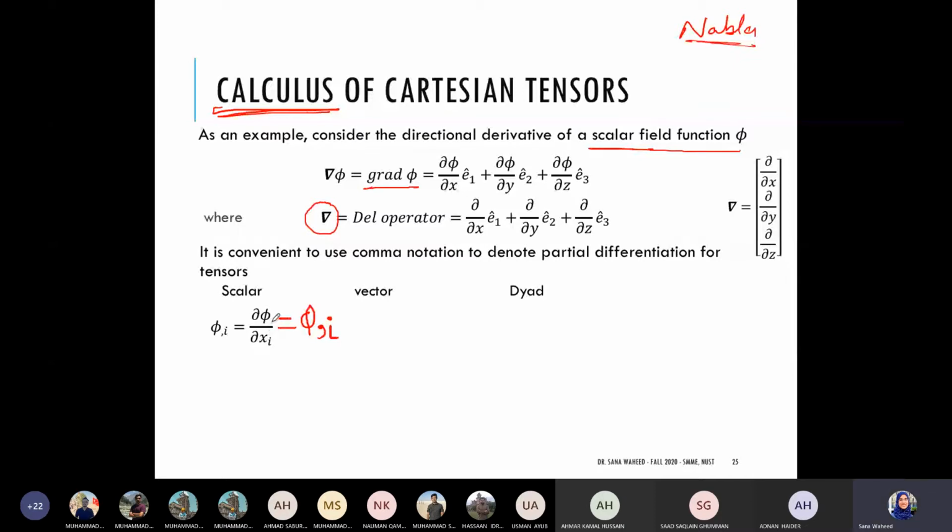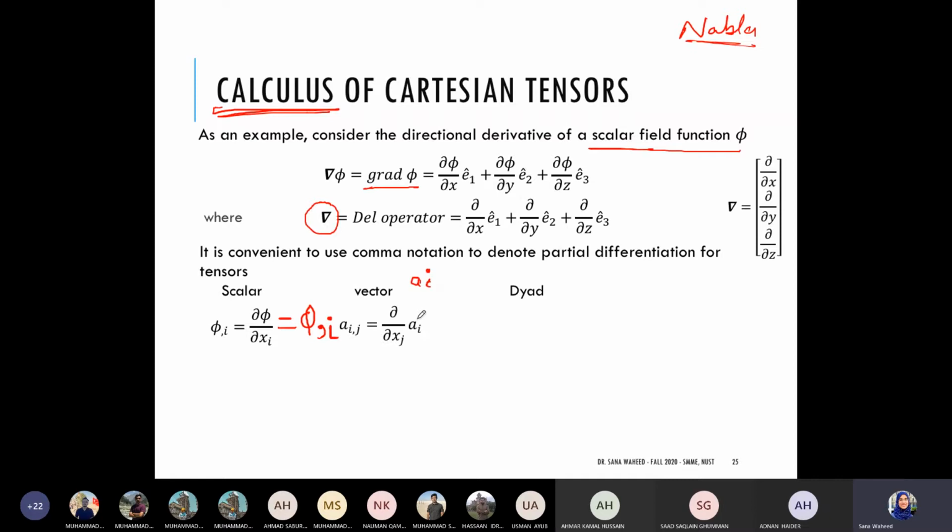Okay. Similarly, this can also be applied to a vector field. Now, a vector itself in index notation may be represented by a_i. ऐसा ही है. So अगर मैंने इसका derivative लेना हो, then वो del operator का मुझे या फिर ये जो x y z है उसका इंडेक्स मुझे किसी और चीज से रिप्रेजेंट करना पड़ेगा, because it's not necessary कि I always have the same direction of a being differentiated with respect to the same spatial direction.